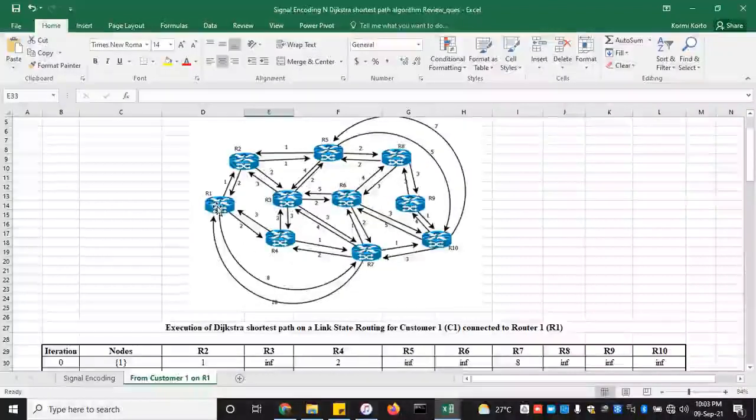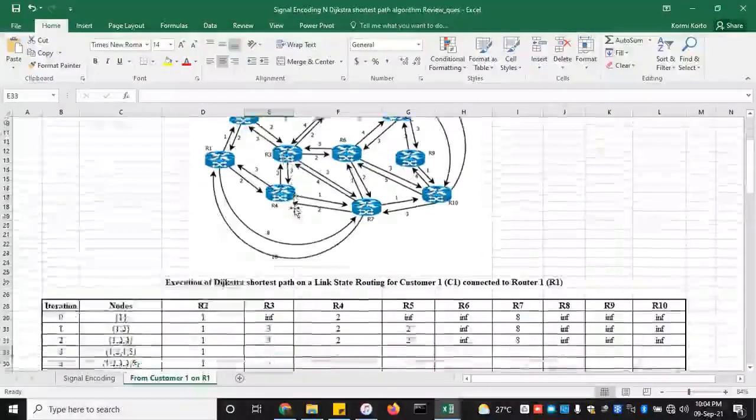In this direction, we have 2 plus 3, which is 5. Now, what about from 1 to 2 and 2 to 3? It was 1 plus 2, which is 3. So obviously 3 is much less. It's actually smaller compared to going through these other routes, going from router 1 to 4 to get to 3, or moving from 1 to 2 to 5 to get to 3. So we'll still maintain the 3.